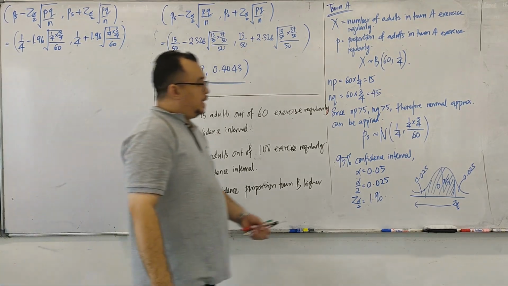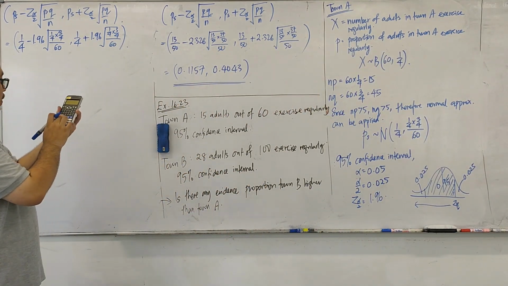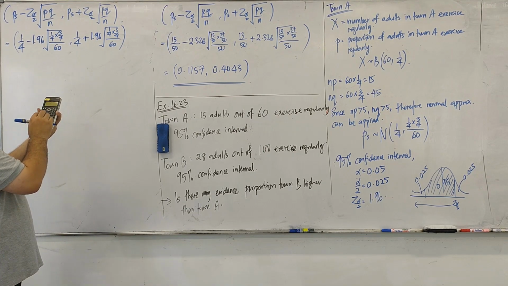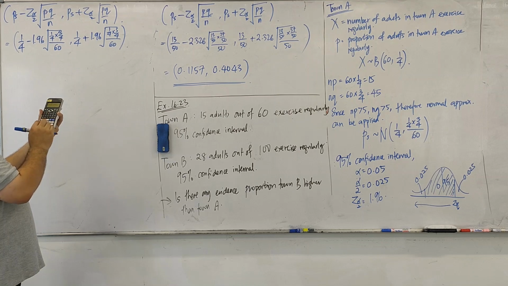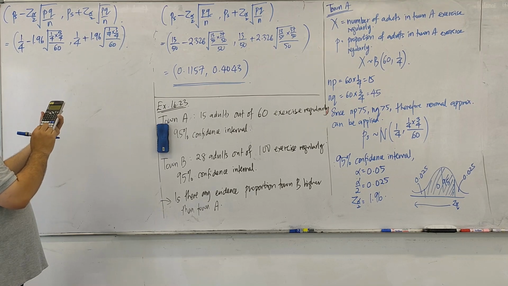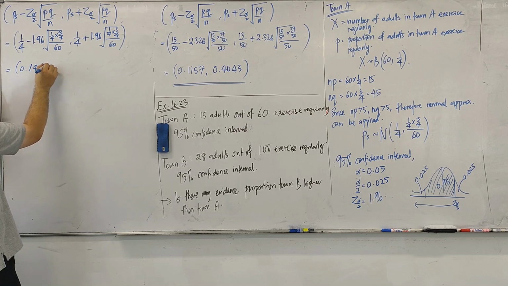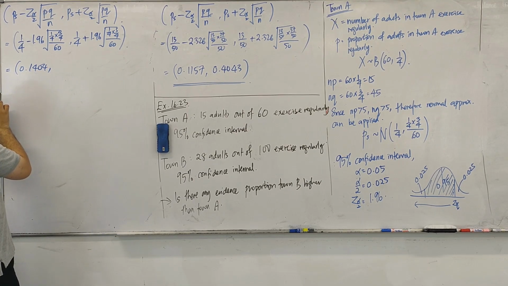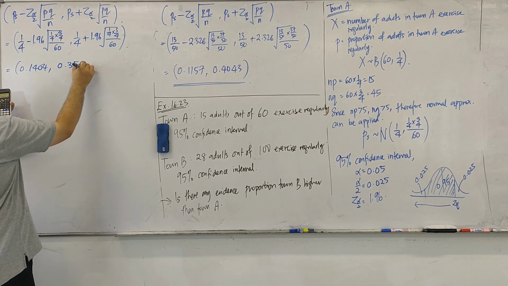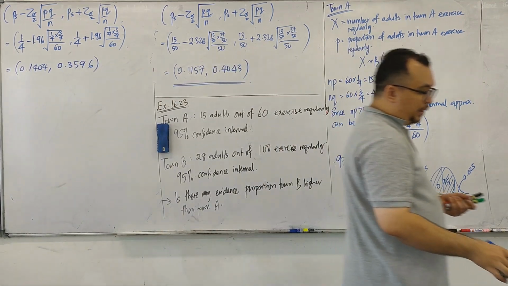So the next process is pressing your calculator. So 1 over 4 minus 1.96 square root 1 over 4, 3 over 4, you divide by 60. Okay, so this one you will get 0.1404. And then you change from minus to plus, you should get 0.3596. Okay, so that is your answer for town A.